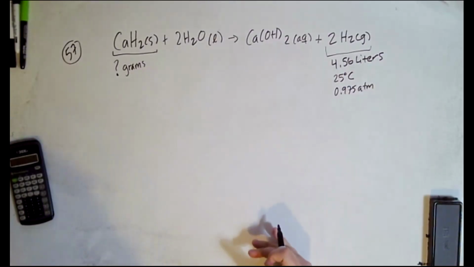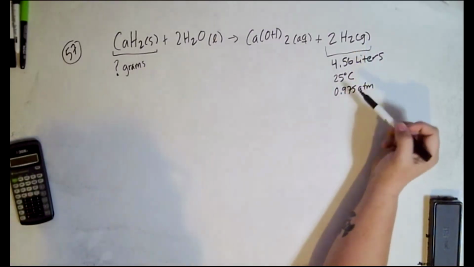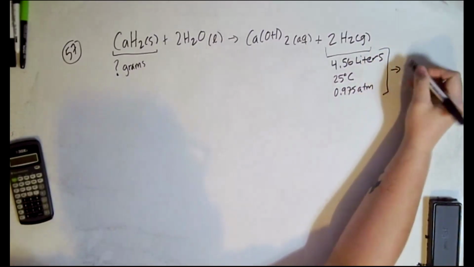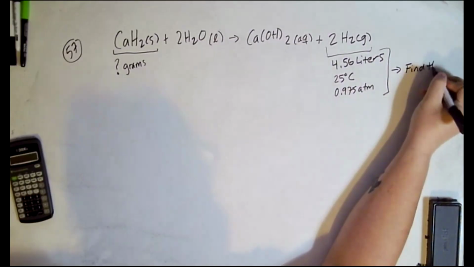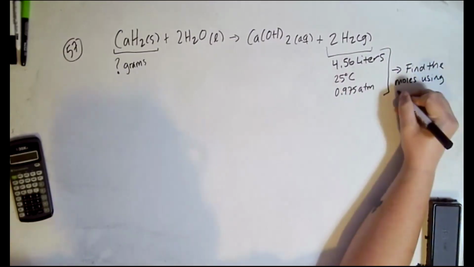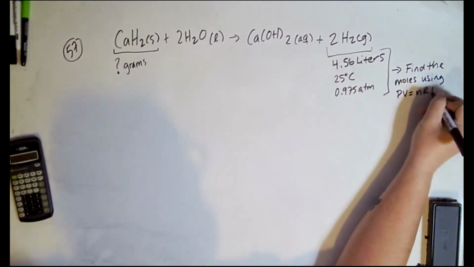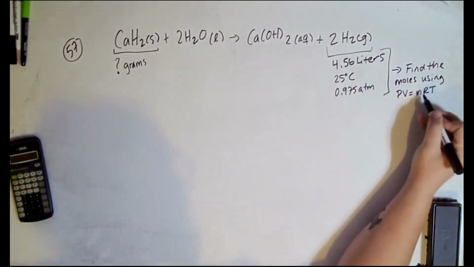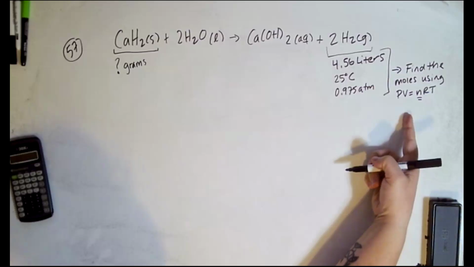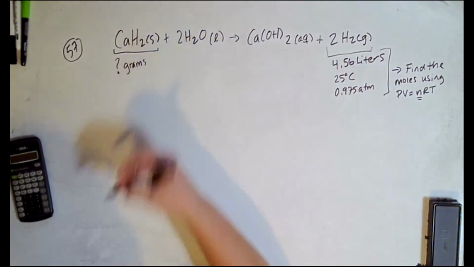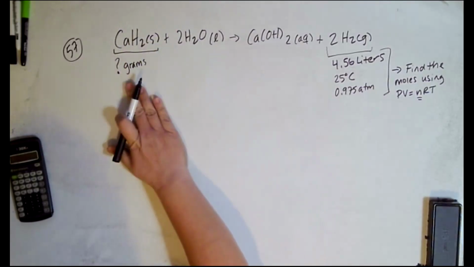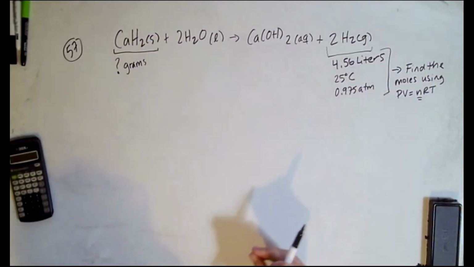With this information, because here we're looking at a gas and we have the volume, the temperature, and the pressure, we can use all of this information to find the moles using PV equals nRT, using our ideal gas law. We can find our moles of gas. Once we find the moles of gas, then we can find the moles of our calcium hydride using our balanced equation. Once we know the moles of our calcium hydride, we can find the grams of it using the molar mass.